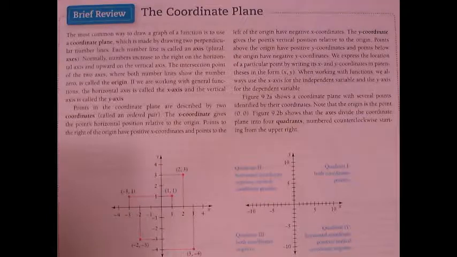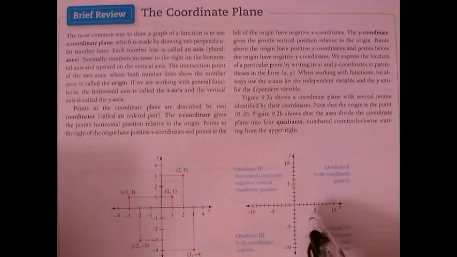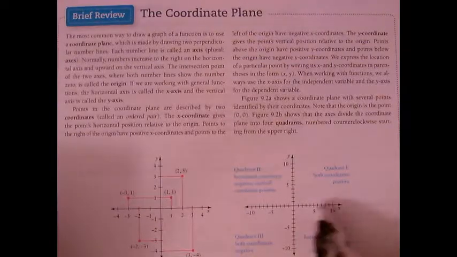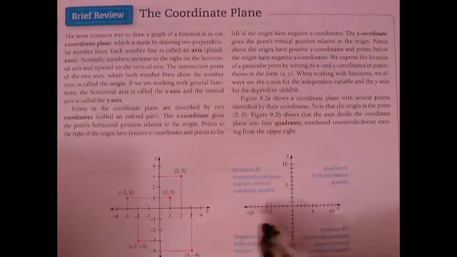Now, points in the coordinate plane are described by two coordinates, which we call an ordered pair. The x-coordinate gives the point's horizontal position relative to the origin. Points to the right of the origin have positive x-coordinates, and points to the left of the origin have negative x-coordinates. Okay, so here your positive x-coordinates are to the right and your negative x-coordinates on the left.